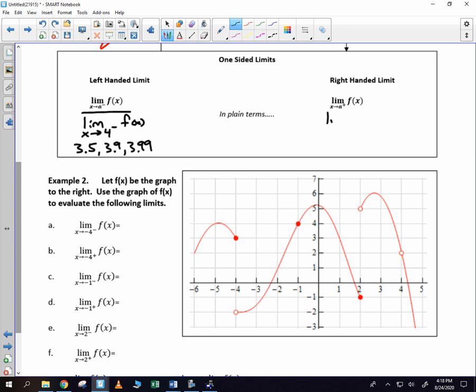Looks like this, say the limit as x goes to 3 from the positive of the function. What that means is you're going to approach it from the right. So it'll be like 3.5, 3.1, 3.01, 3.001. Different when you approach things.